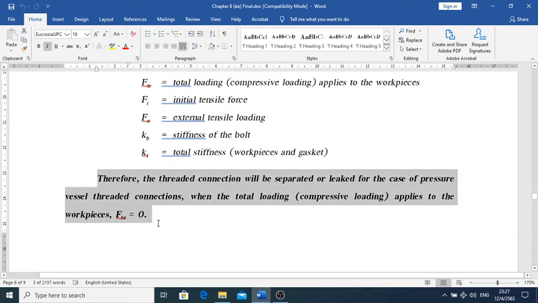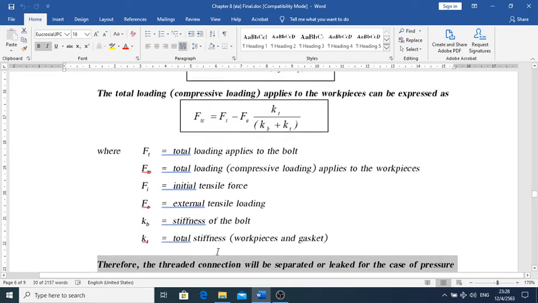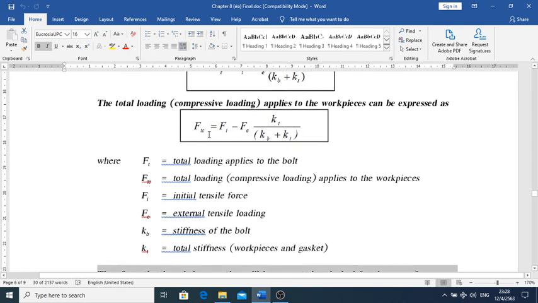The thread connection will separate, or leak in the case of a pressure vessel thread connection, when the total load applied to the workpiece, F sub TC, is equal to 0. That is going to cause a leakage.